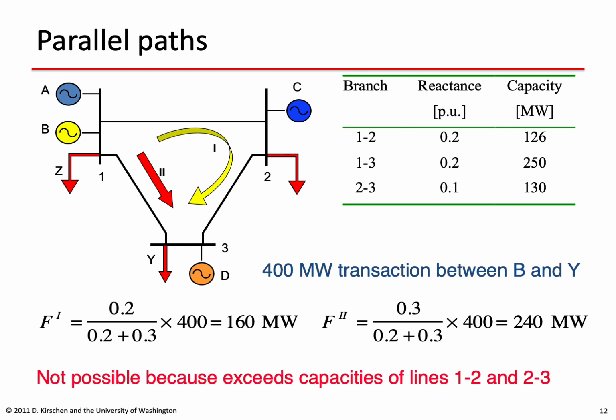Now, there's a problem with this because this 240 megawatts exceeds the transmission capacity of the lines joining buses 1 and 2 and 2 and 3. So, taken by itself, this 400 megawatt transaction between B and Y is not acceptable.